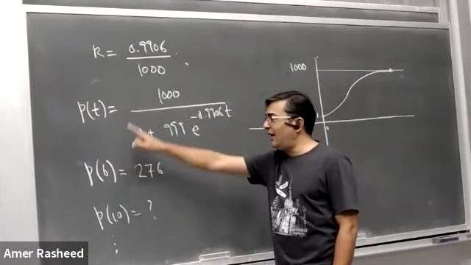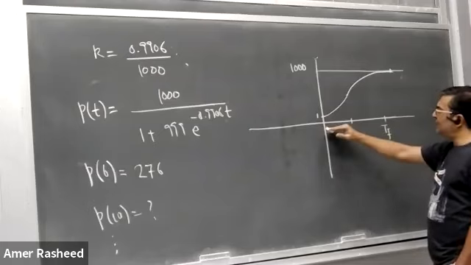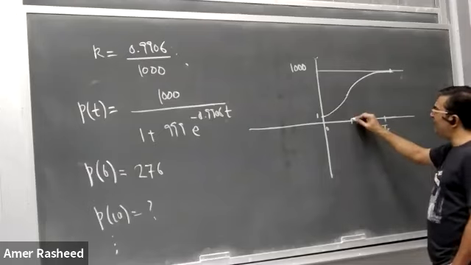Initially, up to a certain time, t final maybe, the growth rate will be high, meaning the infected people will infect others quickly. After a certain middle time, this function will increase, but the rate of change of this function will decrease.